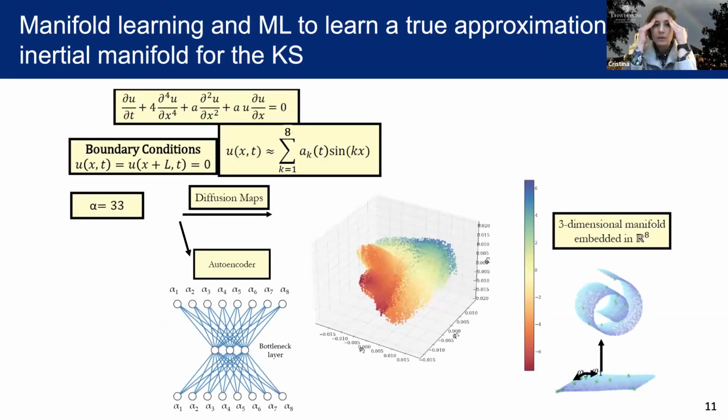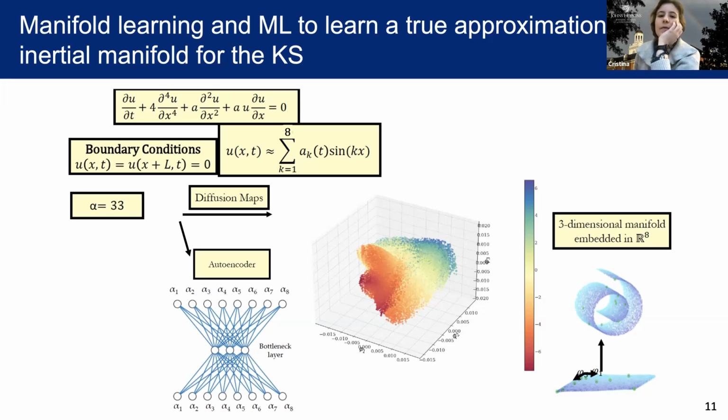So as I said, we approximated the solution of the KS by expanding in the first H Fourier modes, and an autoencoder and diffusion maps, which I'll explain later, can be used to find the dimension of the true inertial manifold from those coefficients.